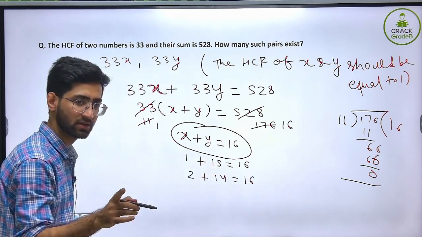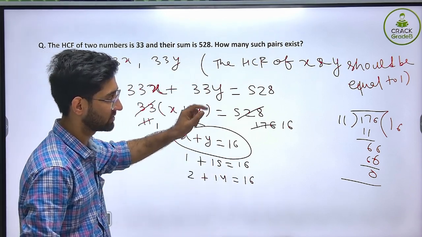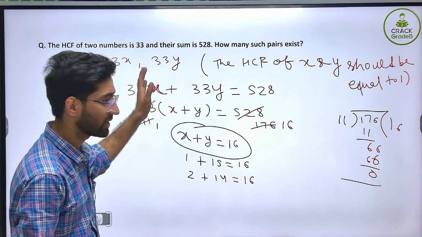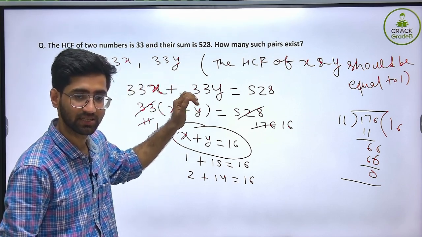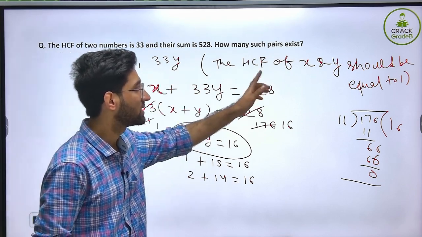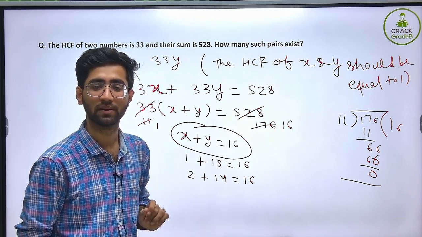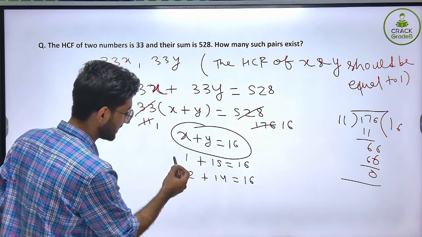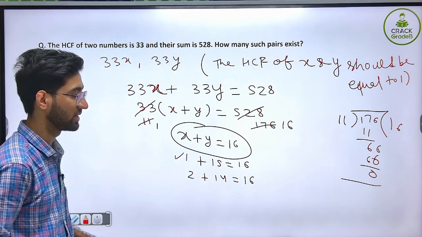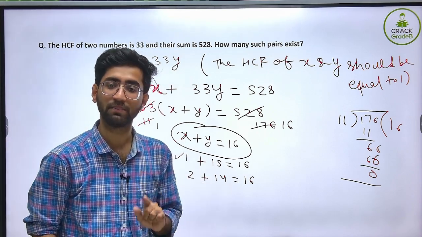But wait, you have to retain that. While assuming the numbers as 33x and 33y, you have assumed that the HCF of x and y is 1. The HCF of 1 and 15 is 1.